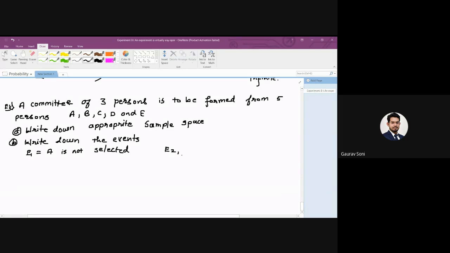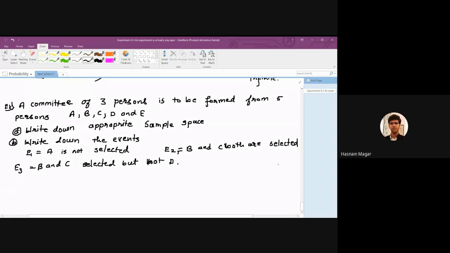E2 is B and C both are selected. E3 is B and C selected but not D. Yes.